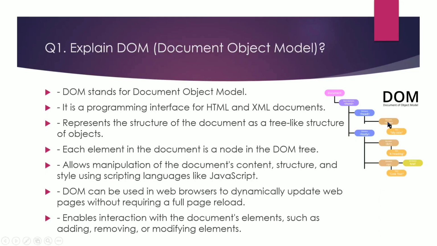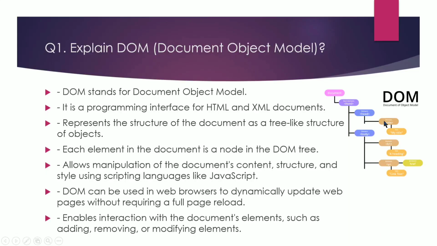These elements can be accessed with the help of DOM, because DOM is an object by which you can access every element of your HTML hierarchically in this tree format.